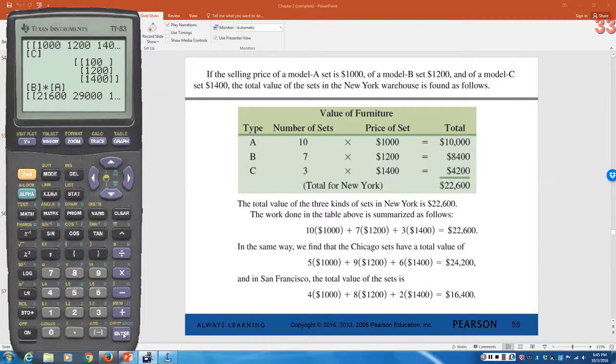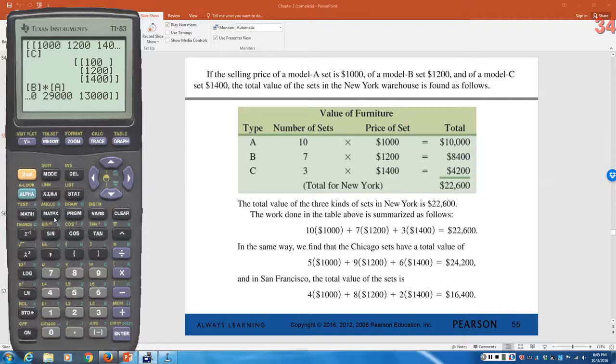Did it? Because I get 21,600, 29,000, and 13,000. Does that even represent anything that we were looking at? In fact, do those numbers mean anything? No.